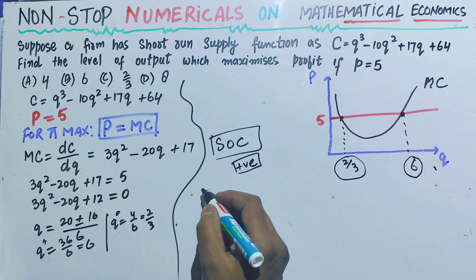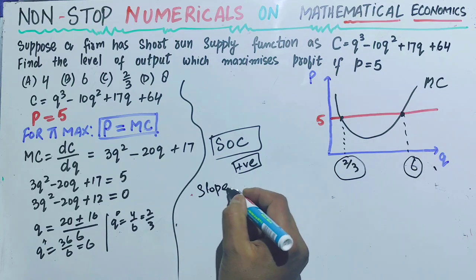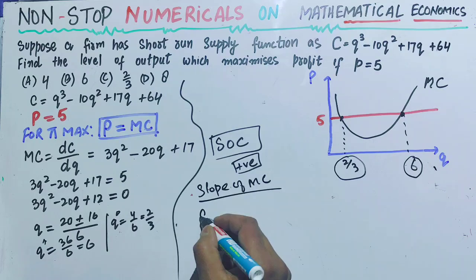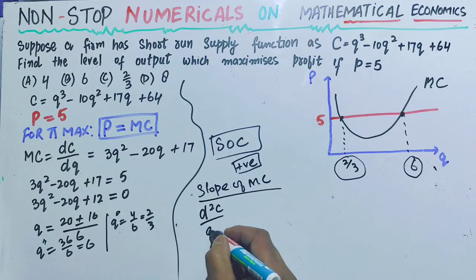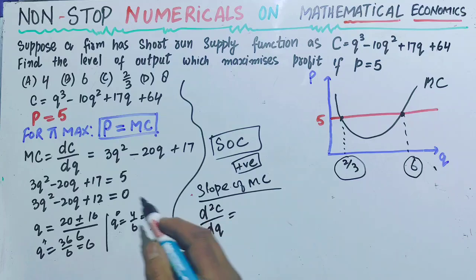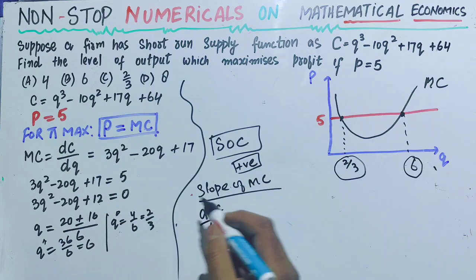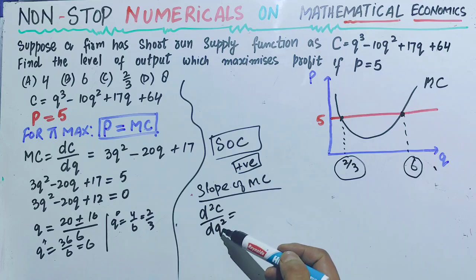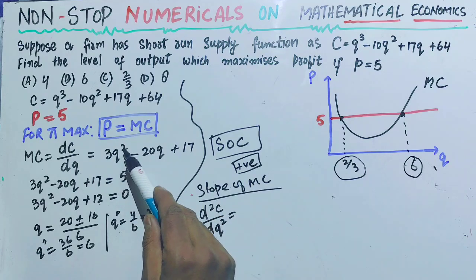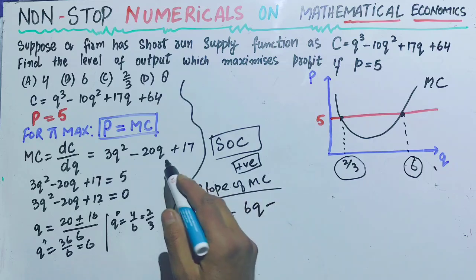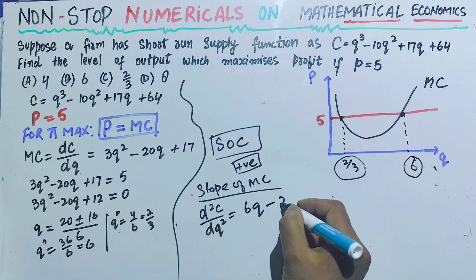What is the slope of the marginal cost function? That is the second derivative of the cost function with respect to output. This is the first derivative, so this is the second derivative, d square c upon dq square. Differentiating again with respect to Q, the derivative of 3Q square is 6Q, minus the derivative of 20Q, which is 20.